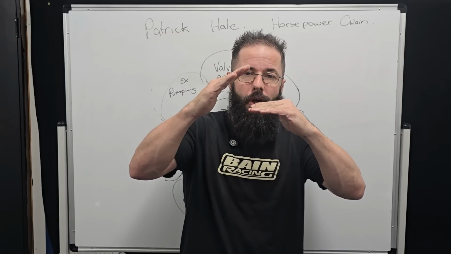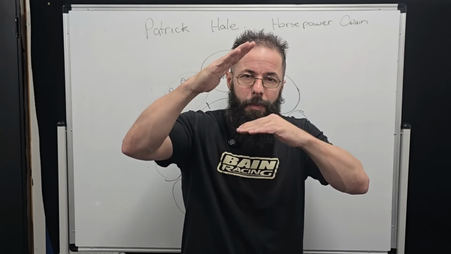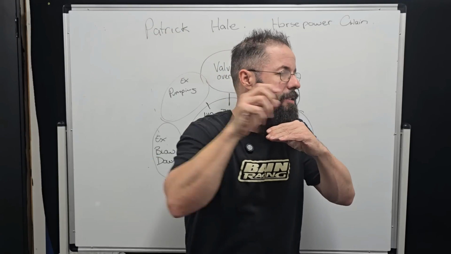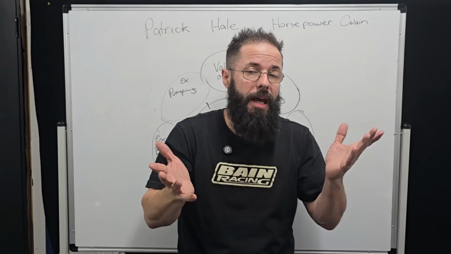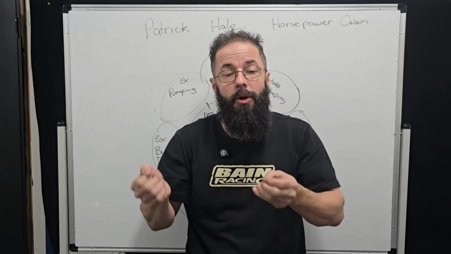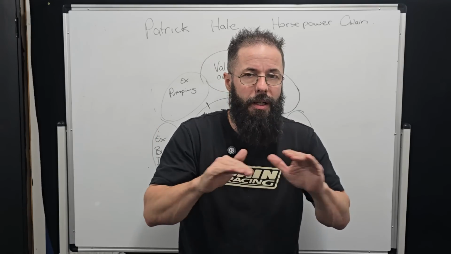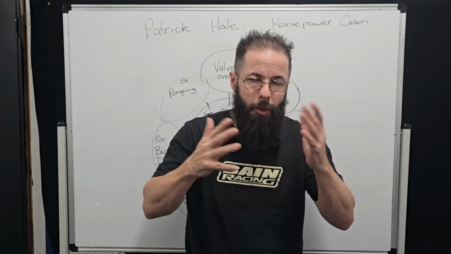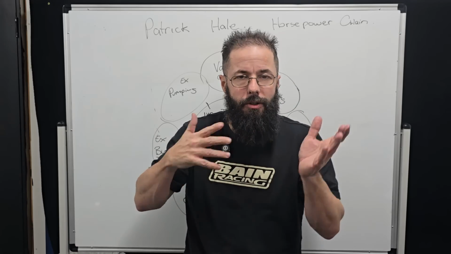Right at the same time, the intake valve is opening as the piston's coming up, and we have this high pressure cleanse that will just push all that burnt gas out, all that inert gas that is burnt. We don't want any of it in there. We want a clean cylinder. The cleaner it is, the more horsepower we're going to make for the next cycle and so on, right?